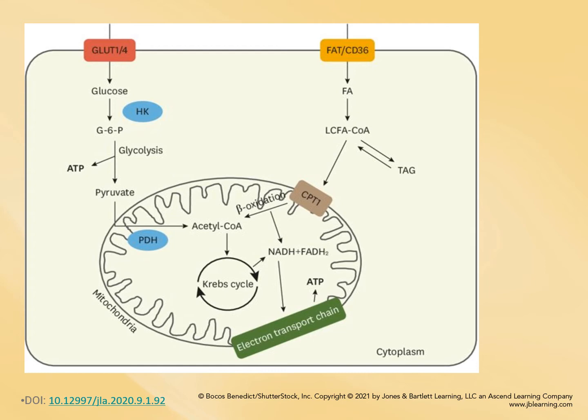Fat, on the other hand, is brought into the cell membrane by a fatty acid translocase. And once it enters the cell, it can be converted to a triacylglyceride, so it's going to be in the triacylglyceride pool within the cell, or it can be converted and moved across the mitochondria.